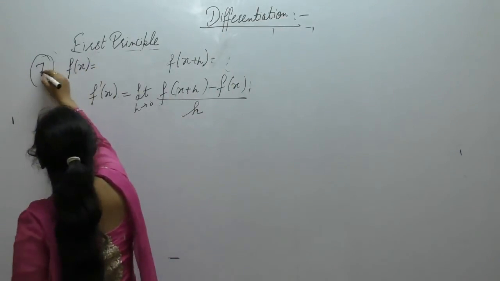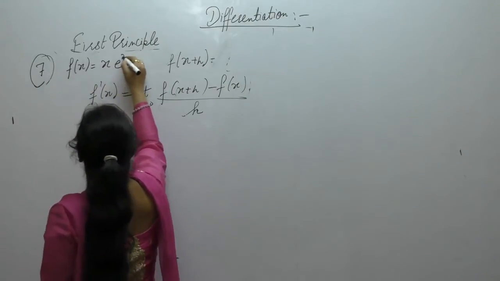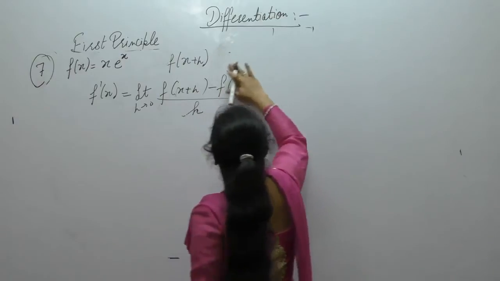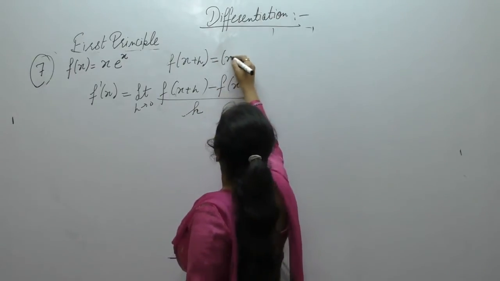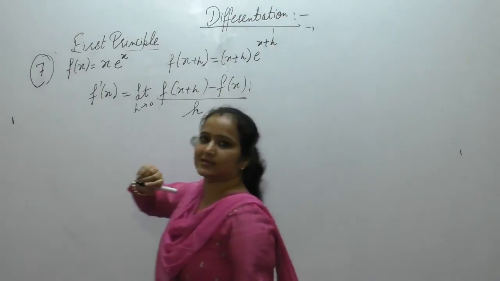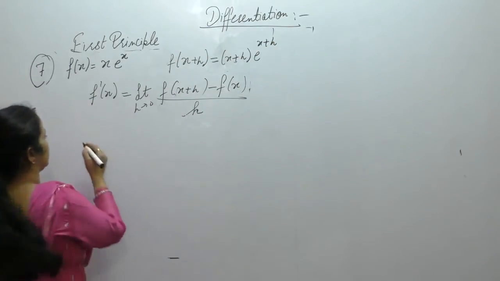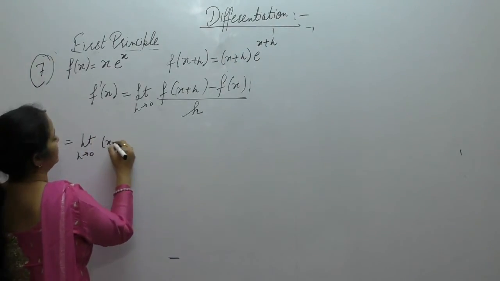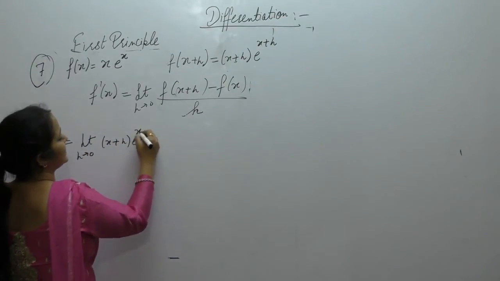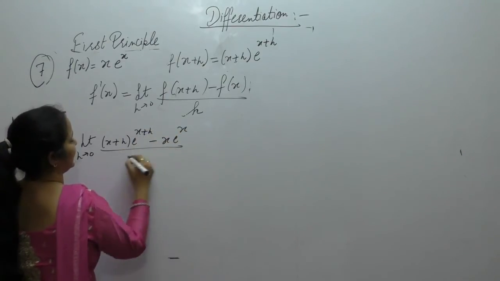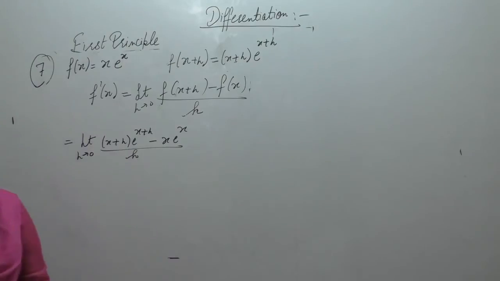Now the next one is f of x is x into e power x. So f of x plus h will be x plus h e power x plus h. So put the value here. Limit h tends to 0, x plus h e^(x+h) minus x e^x upon h.